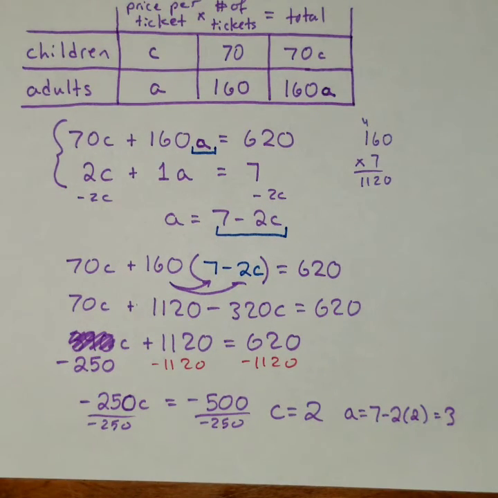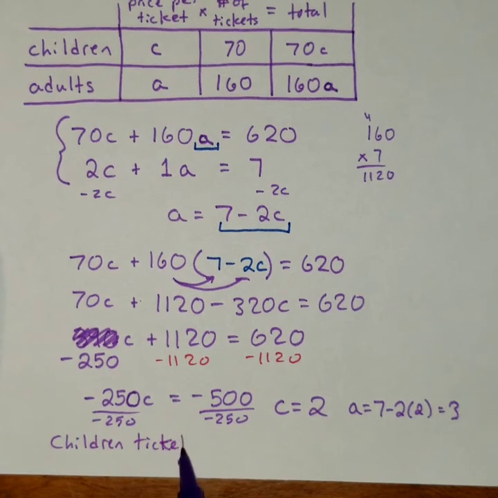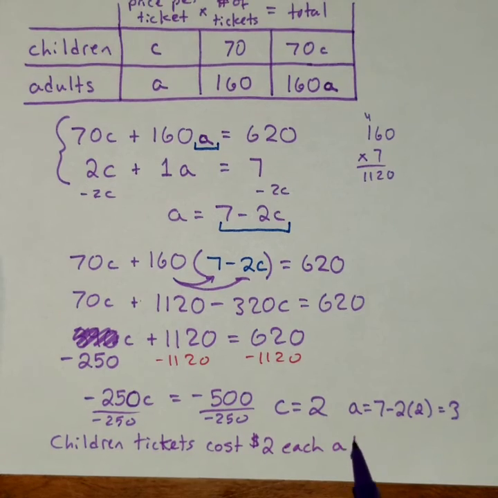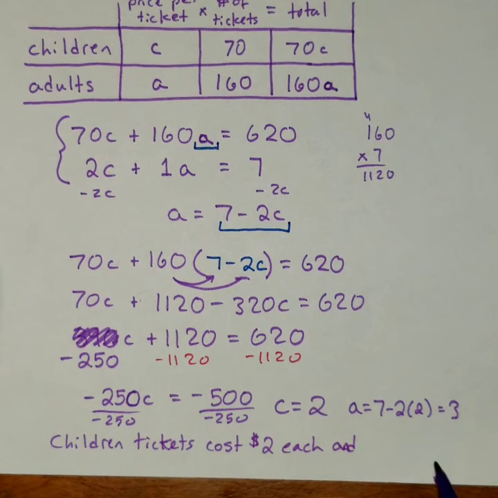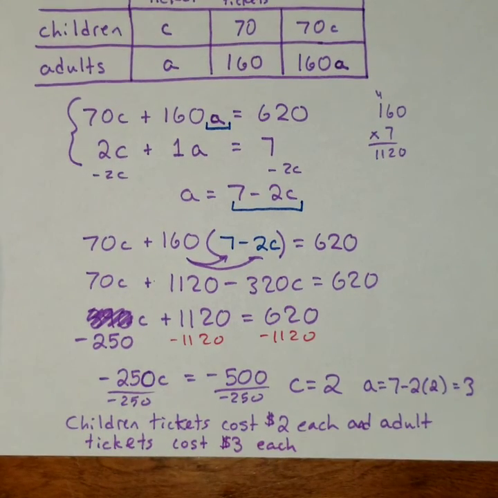So my final answer, to state my answer, is that children tickets cost $2 each, and adult tickets cost $3 each.